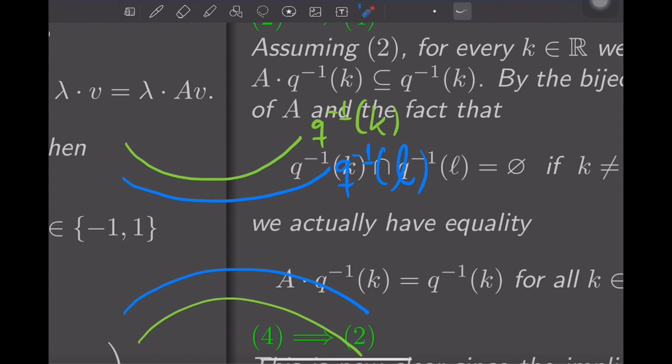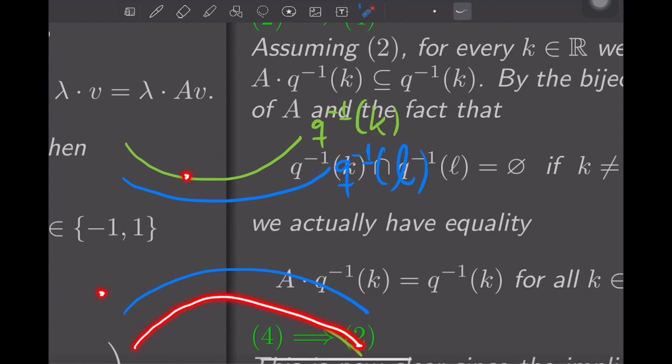Now take a point here and take A of it. You know it's A of something because A is bijective. Now that something has to be in the green set.